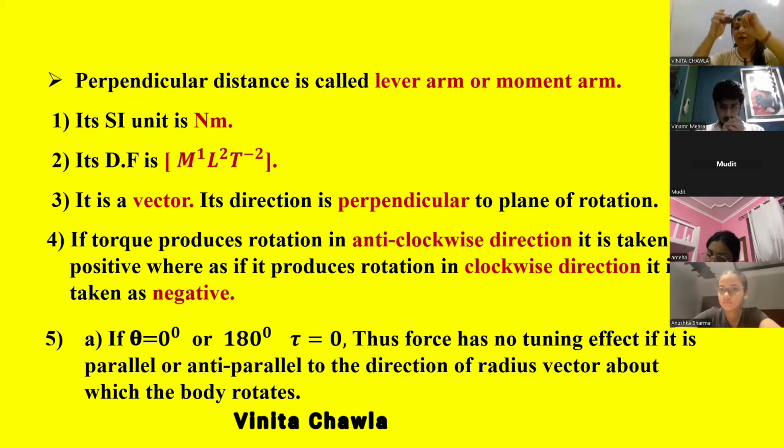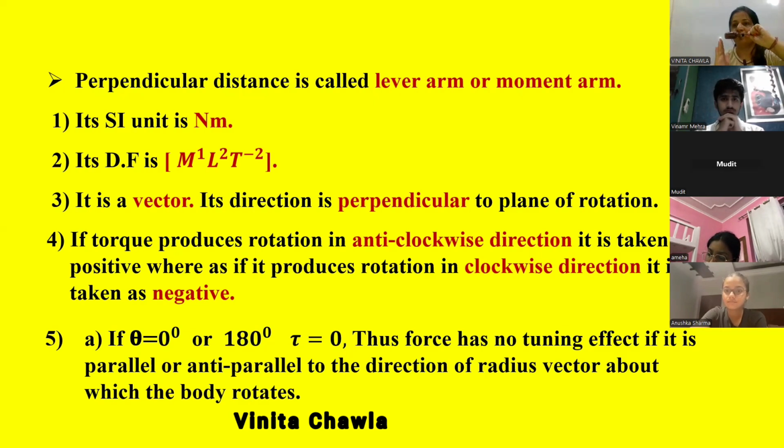But if we apply the force like this, R is in this direction and we are applying the force in opposite direction like this. In this case, theta is 180 degree. In both the cases, there is no rotational effect. We cannot rotate anything by applying force like this.